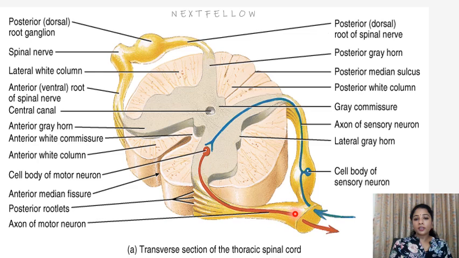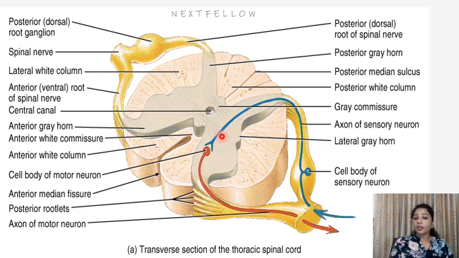We can see the anterior root, the red one, and the blue one is the posterior root. The anterior root transmits motor information, originating from the anterior horn cells of the gray matter, and exits the spinal cord through the anterolateral sulcus.